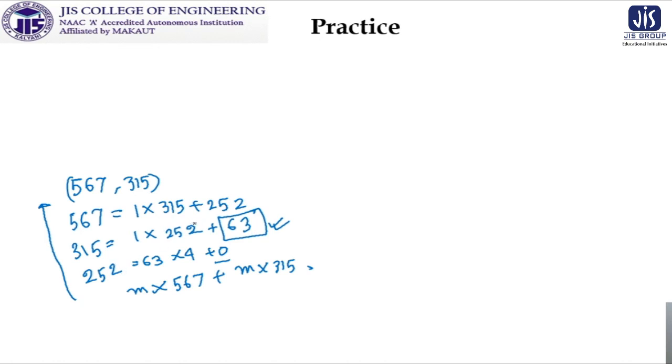So this 252 will be replaced. Then this 252 can be replaced by 315, and this whole thing can be written as m into 567 plus n into 315, or vice versa.